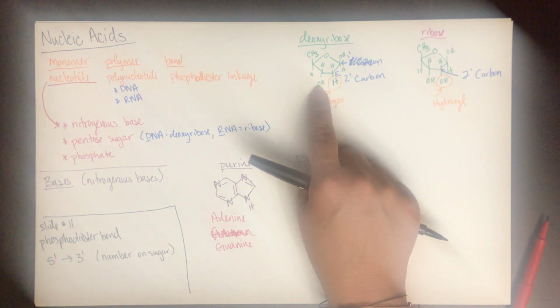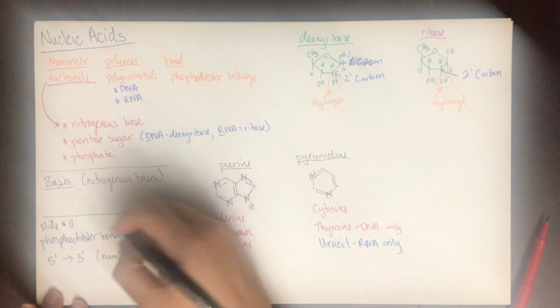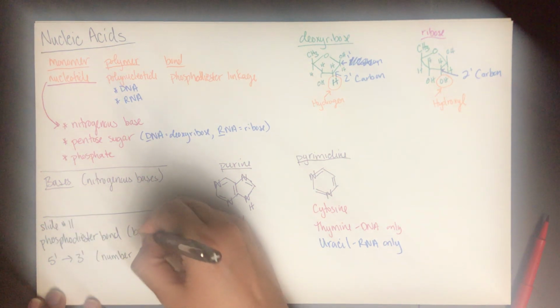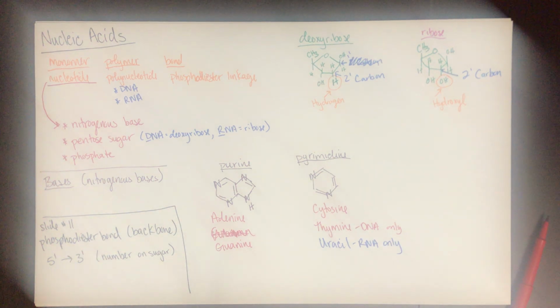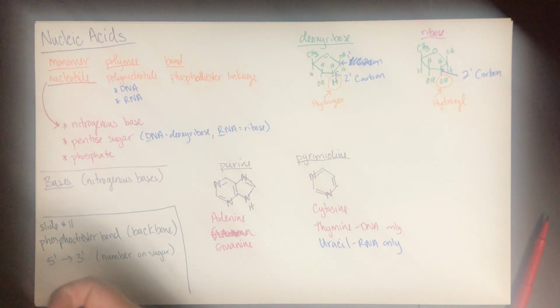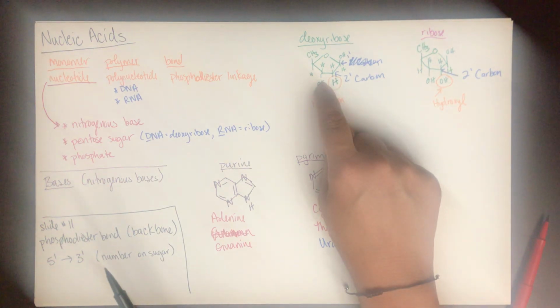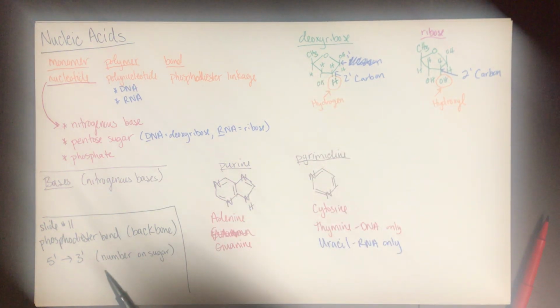So the phosphodiester backbone, sometimes it's called a backbone, is between the 5' carbon. It goes 5' to 3'. So the 3', the bottom of this, is going to attach to the 5' of the next carbon below it. I am not going to draw it out.